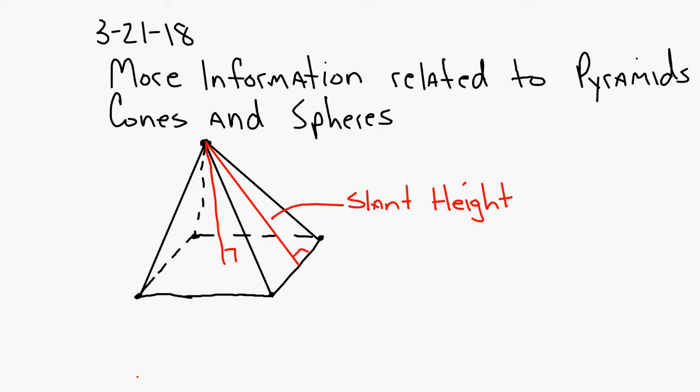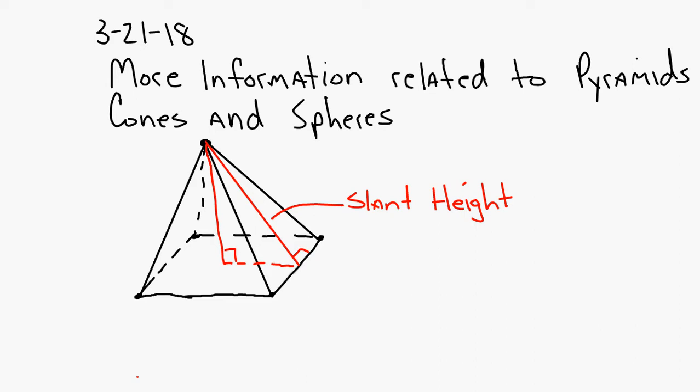But if you complete this triangle with the slant height and the height, do you see that you form a right triangle? Does everybody see that? The slant height is the hypotenuse of a right triangle. One of the legs of the right triangle is the height, isn't it?